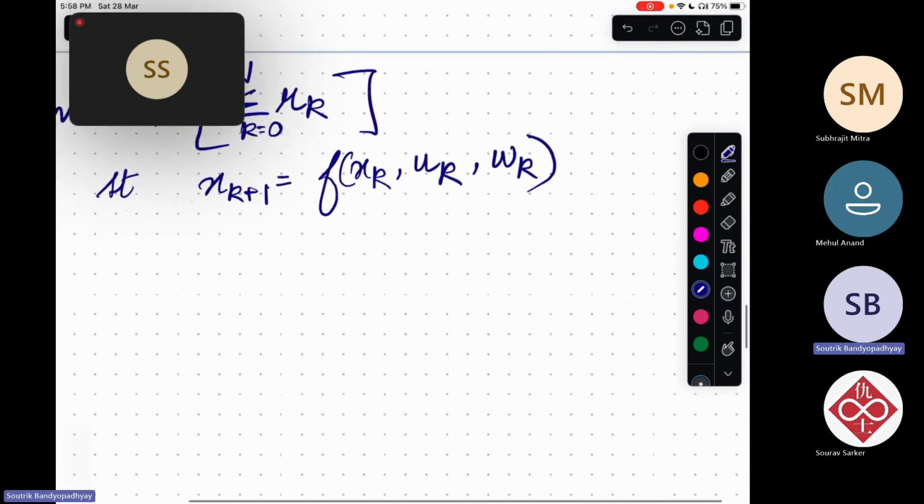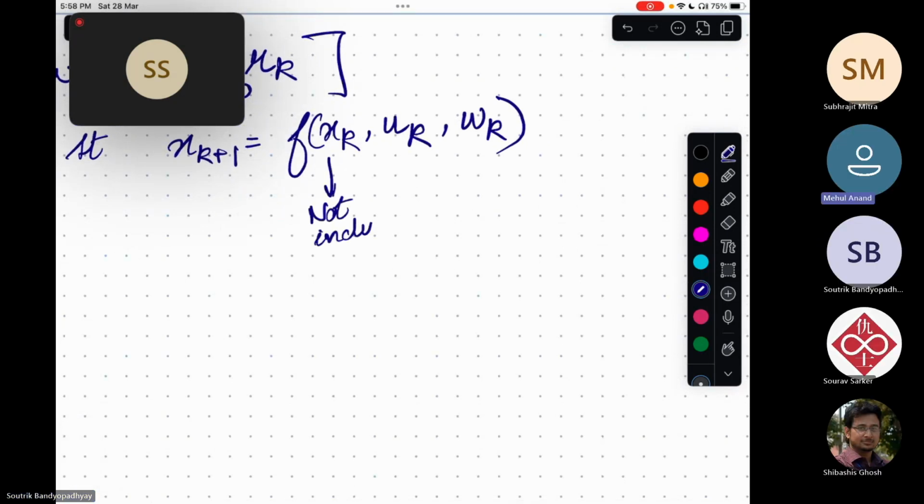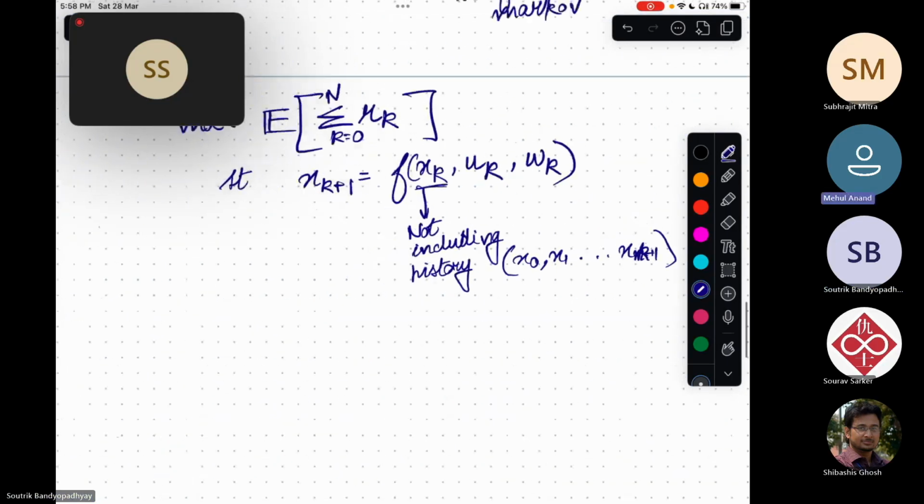Now notice, due to Markov property, I am not including history here. That means I am not including x0, x1 up to x_{k-1}. I am just including x_k here, right?